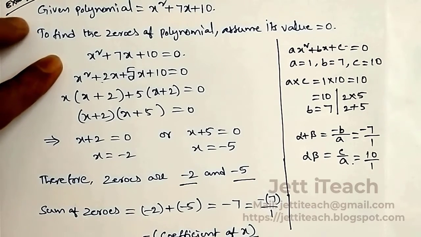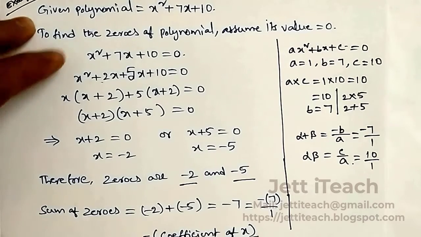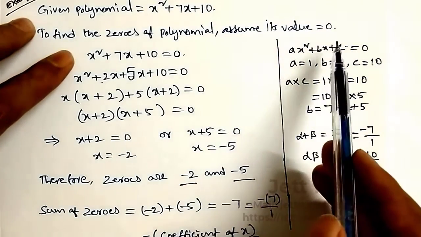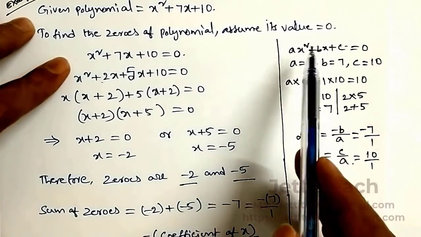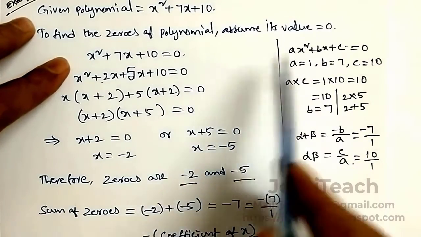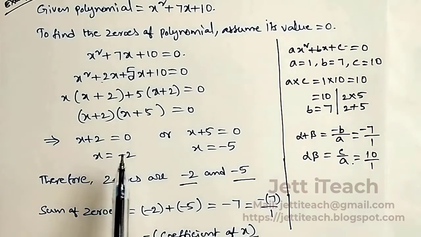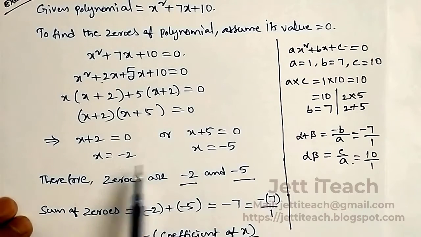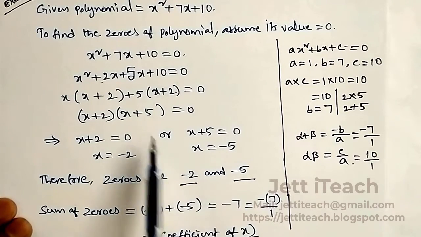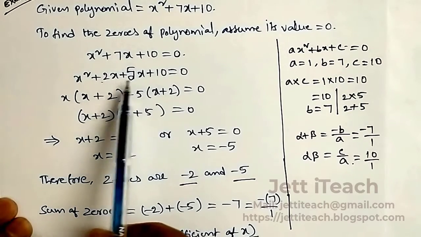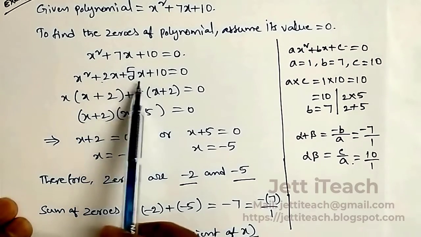Okay, I will explain this once. I wrote the given polynomial. After that, to find the zeros of the polynomial, I assumed its value to be 0. After that, I found out the zeros of this polynomial. I got -2 and -5. The main important step here is splitting the x term.